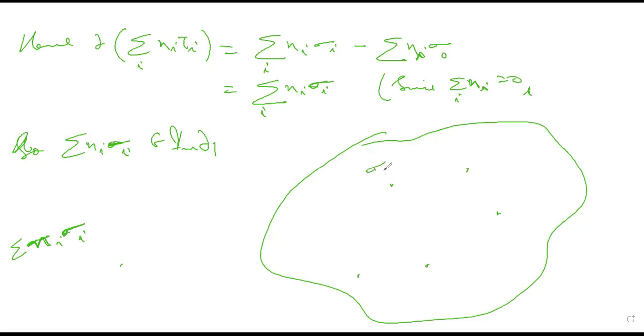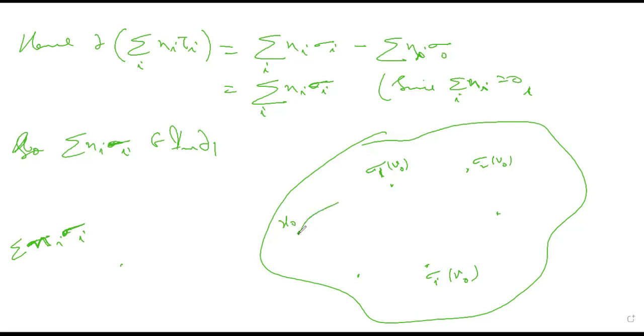So we can call them sigma 1 v naught, sigma 2 v naught, something like that, sigma I v naught. And we can choose a point x naught, right?